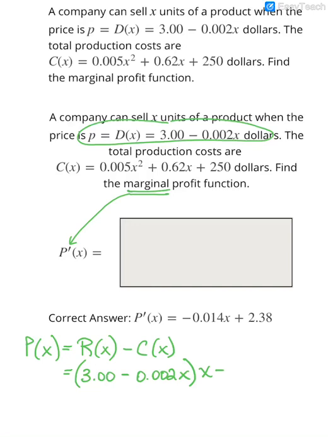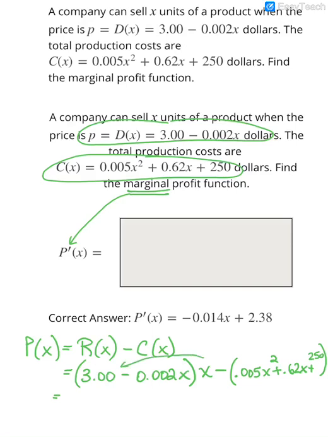And then I have to subtract my cost function, which they gave me here. Put it in parentheses because all those terms have to be subtracted. So that's a 0.005 times x squared, and then plus a 0.62 times x, and then plus a 250. Okay, so let me do some simplifying here.